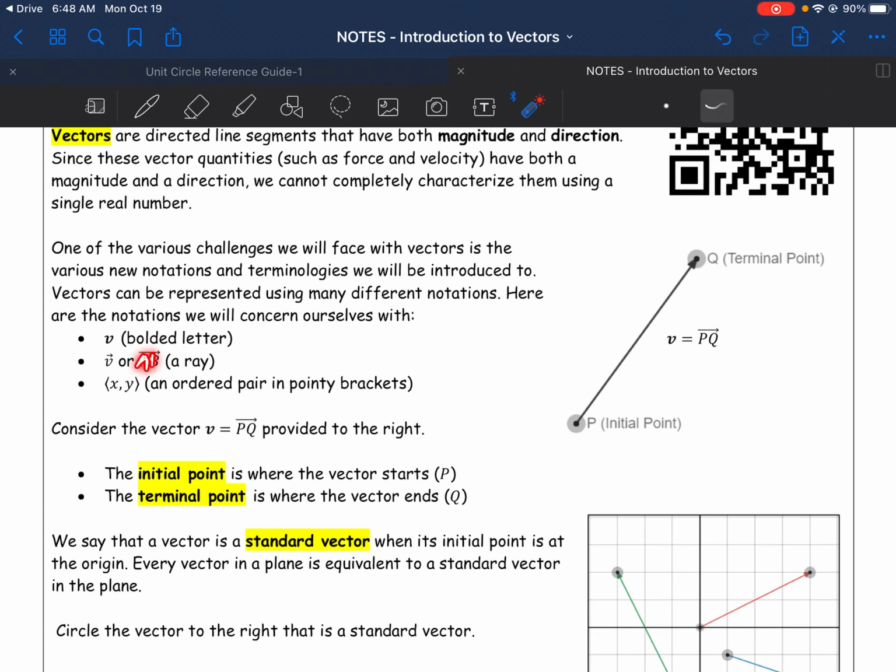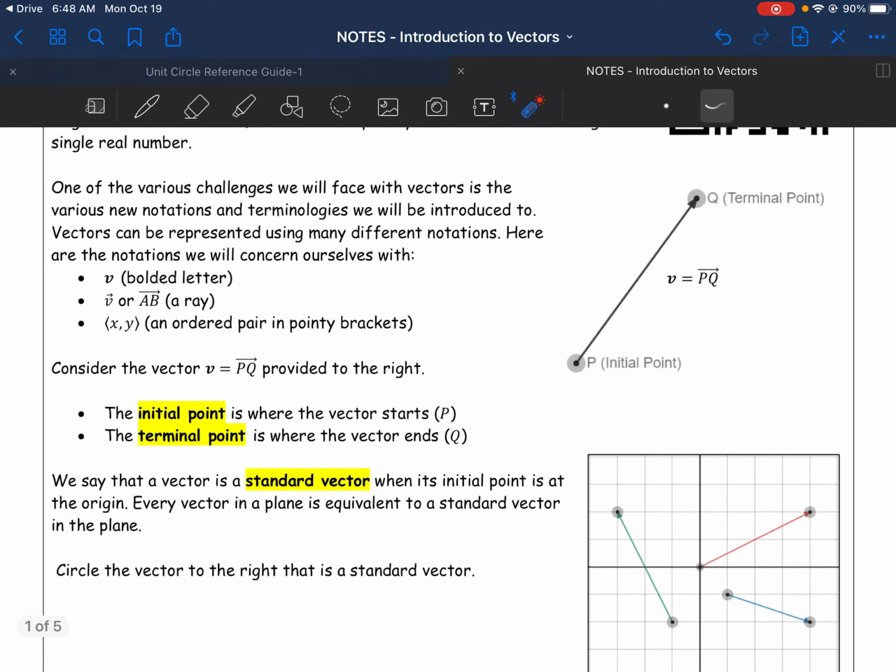Notice, for example, here, AB, this would represent a starting point and an ending point, again, with an arrow above it to represent a ray. Or we can also represent a vector as an ordered pair in what I call pointy brackets. Notice these are pointy, these are not parentheses like we would normally see an ordered pair in. So this is another way that we can represent a vector.